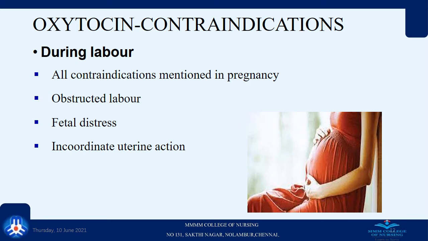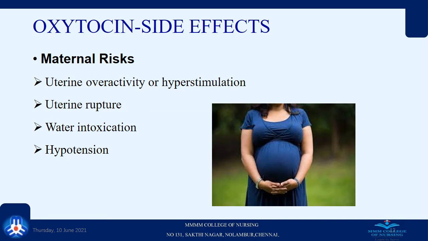And also there may be some dyspolarity of the upper and lower uterine segment. That is known as incoordinate uterine action. In those cases also we should not administer oxytocin. So these are some of the contraindications which we have seen during labor as well as in pregnancy. Next is the side effects.